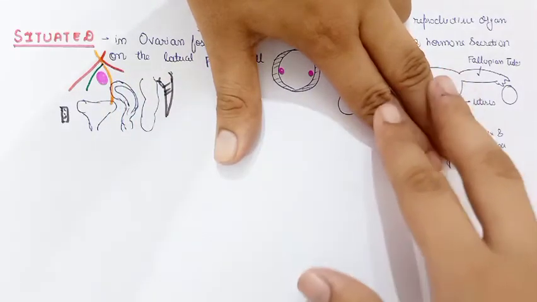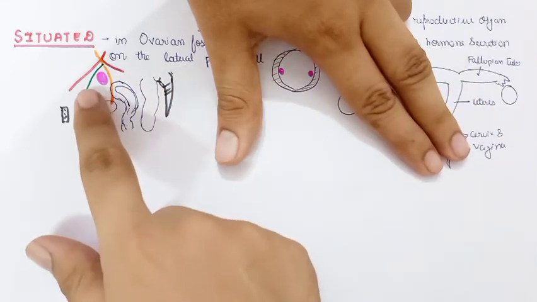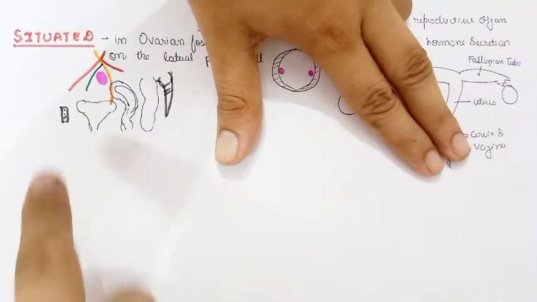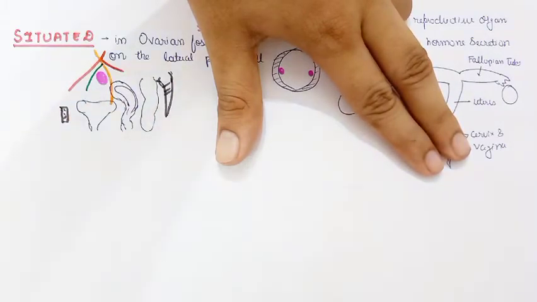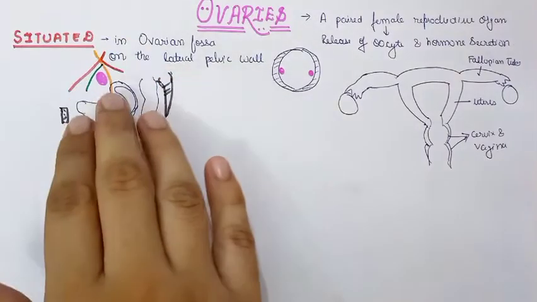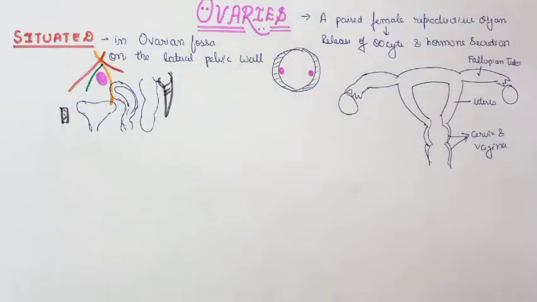So two structures are forming the posterior wall and one structure is forming the anterior wall, that is the obliterated umbilical artery, and at the posterior we have the ureter and the internal iliac artery. And the other structures related to the ovaries, I think you can clearly understand this diagram.